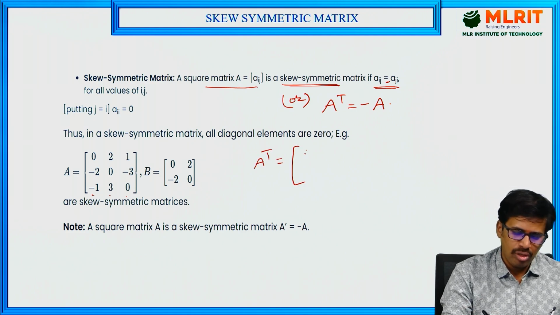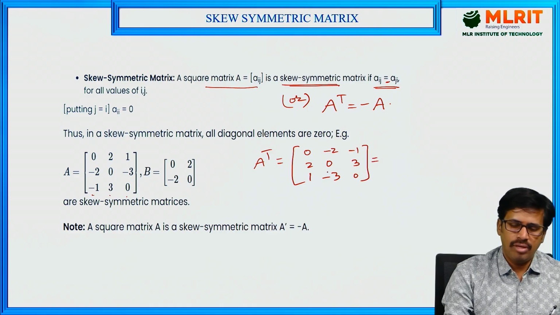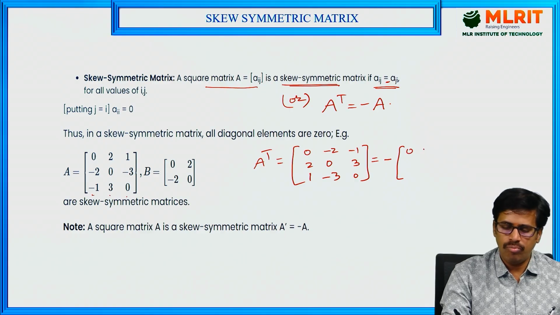The first row I am writing as the first column. The second row I am writing as the second column. The third row elements I am writing as the third. Let us take minus common in every element. So, 0, 2, 1, minus 2, 0, minus 3, minus 1, 3, 0.